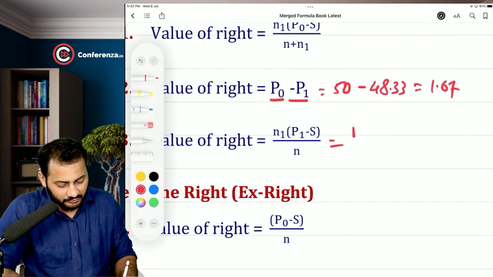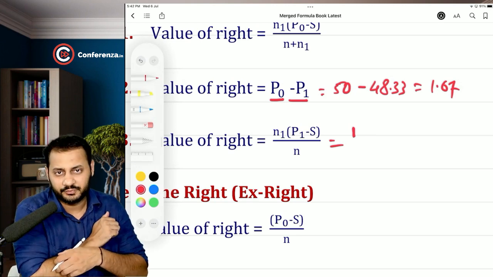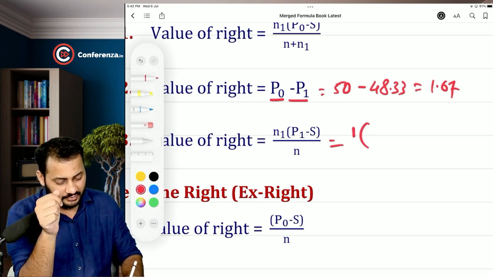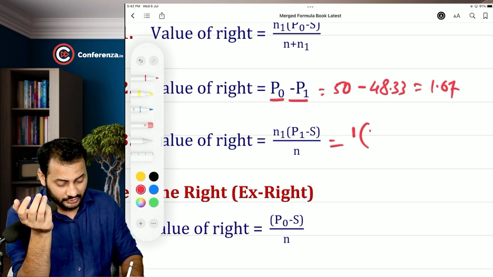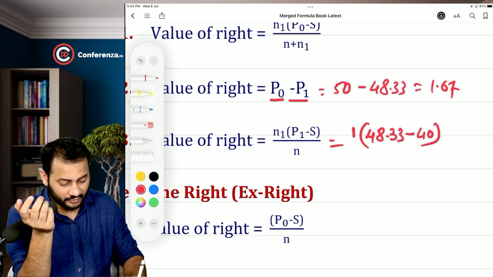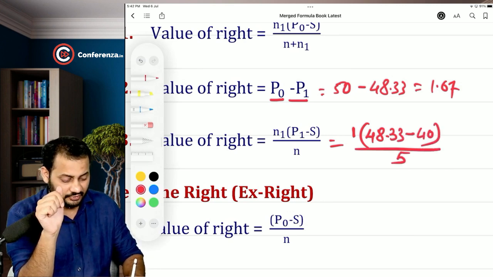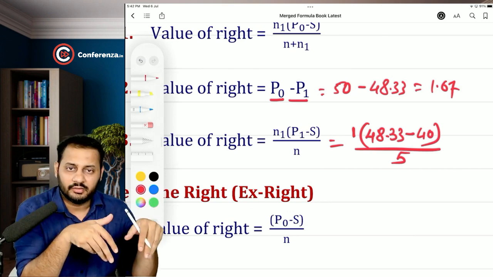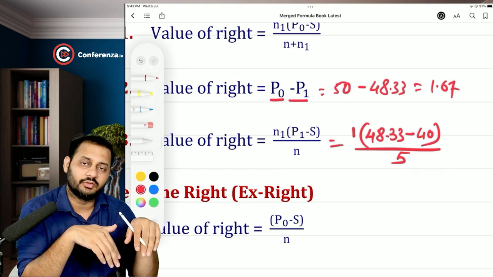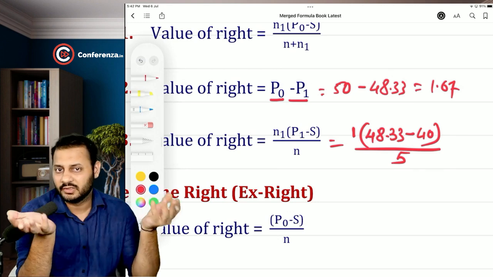So N1 is the number of new share that is being issued, 1. P1 is the price after right issue. So ex-right price 48.33 minus subscription price 40 and the number of existing shares 5. You can take it in total also, 2 by 10. 2 crore divided by 10 crore or 1 divided by 5. It's one and the same thing.